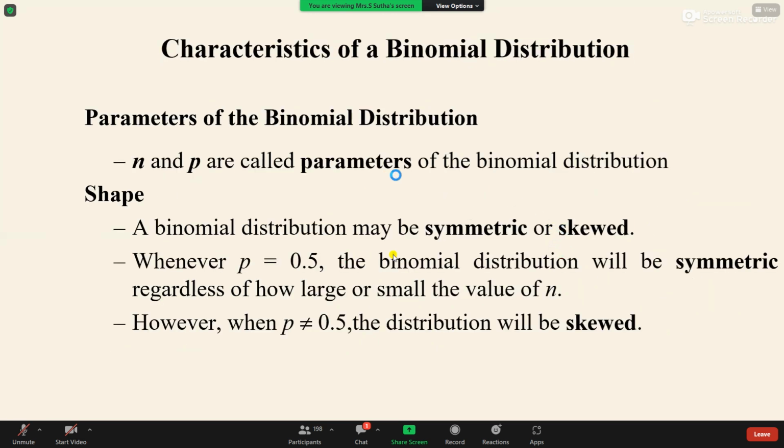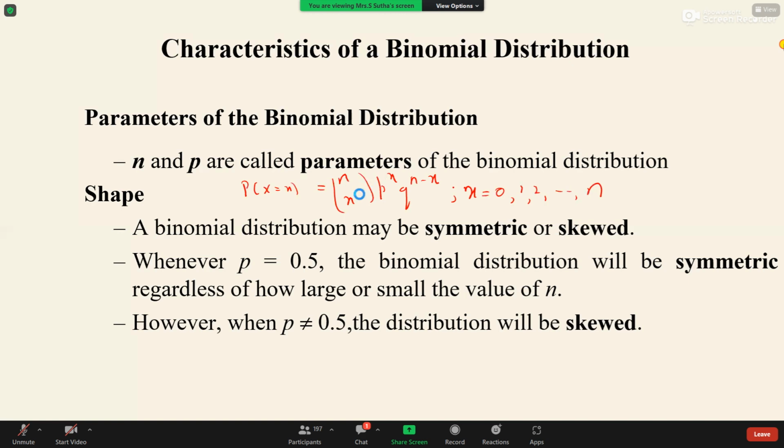Then the parameters. What are the parameters of a binomial? The binomial formula is defined by P(x) is equal to nCx, p to the power x, q to the power n minus x, where the possible values for x are 0, 1, 2, up to n.